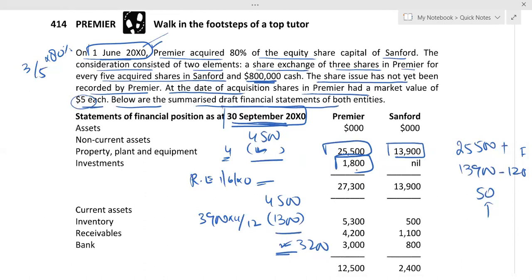It is categorically written in the question that shares issued by the parent have not been recorded. It means cash paid by parent is recorded. So from this 1,800, I'll deduct 800. This is the cash which is paid to the subsidiary. When we prepare group SOFP, we never show parent investment in subsidiary. So we will exclude 800 because this 800 is recorded. So parent investment in subsidiary will not be shown in the group SOFP.